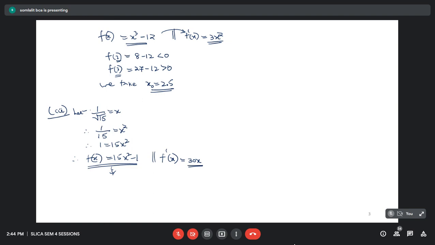Let me know what x0 is in this third sub question, or at least give me an interval that encloses the root. -1 and 0.